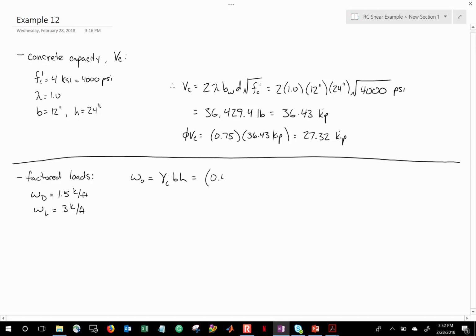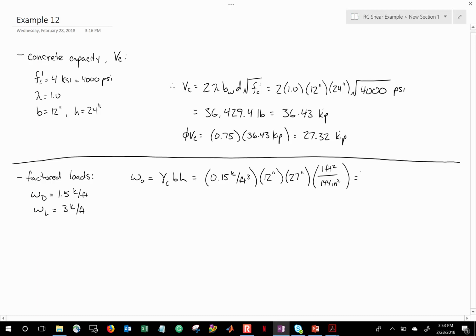So 0.15 kips per cubic foot times 12 inches, and then H was 27 inches times 1 foot squared over 144 inches squared.